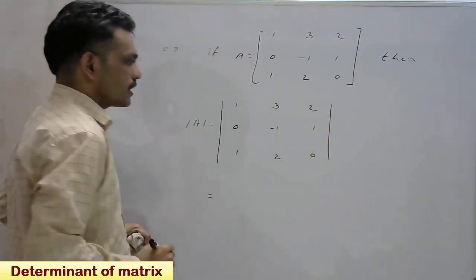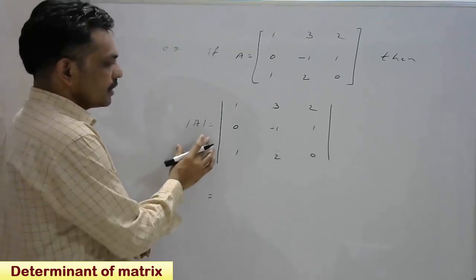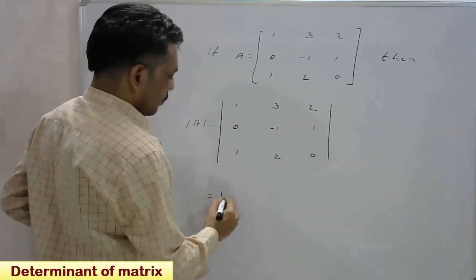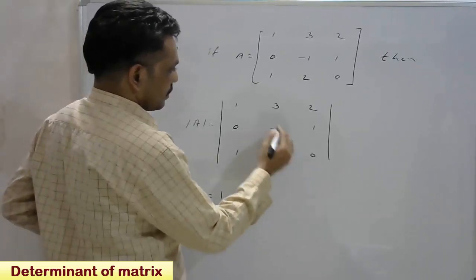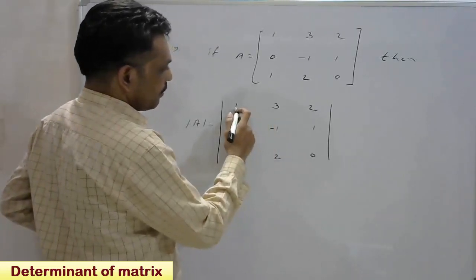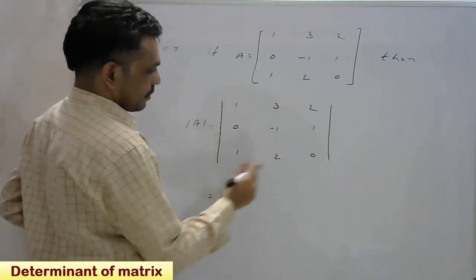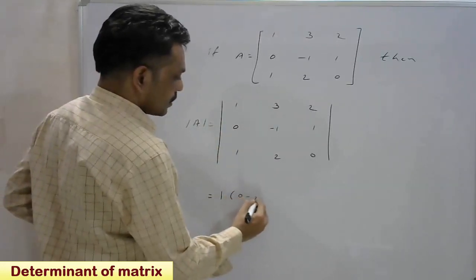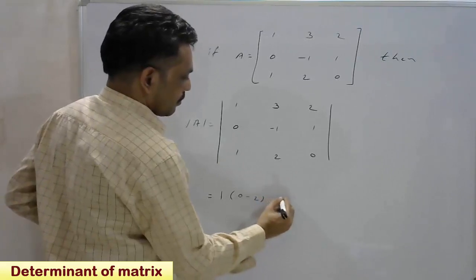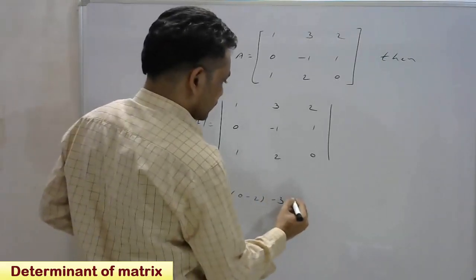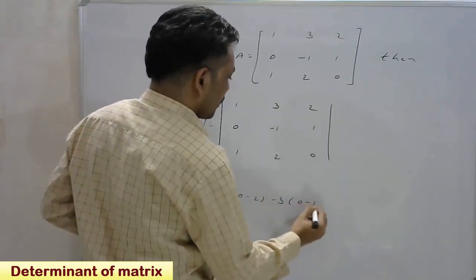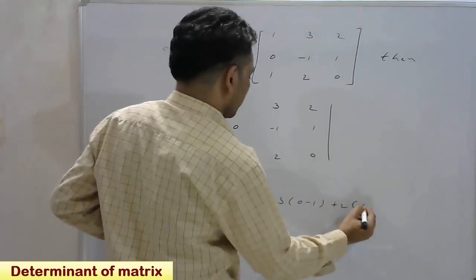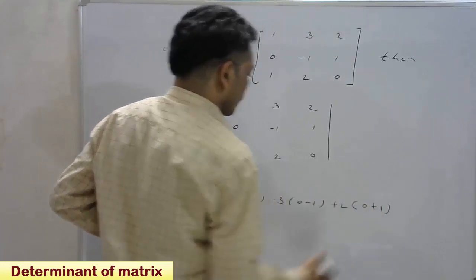Then the determinant of A is equal to 1 into (0 minus 2), minus 3 into (0 minus 1), plus 2 into (0 plus 1).